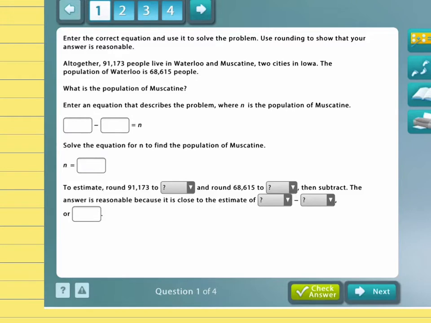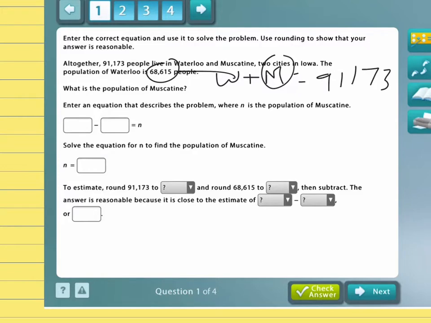We know the total, 91,173. We know the population of Waterloo. So we have Waterloo plus Muscatine is equal to that. We know this and this, but we don't know this. So that's my situation equation.